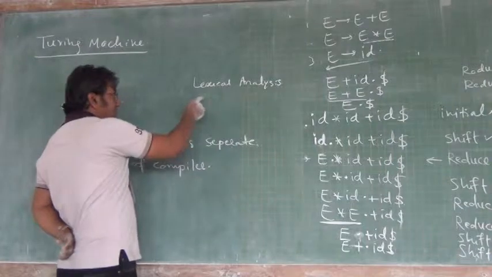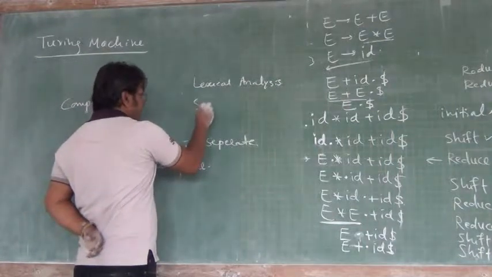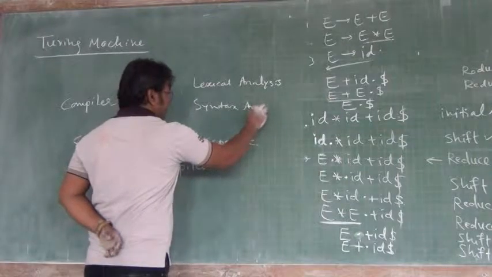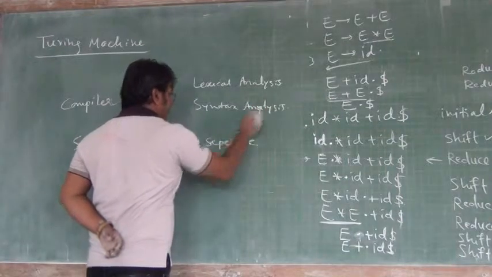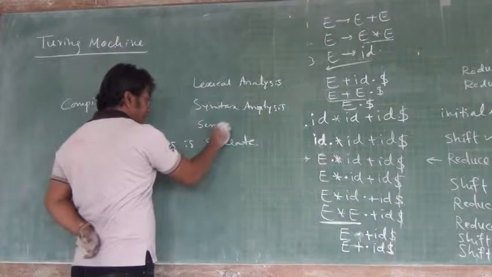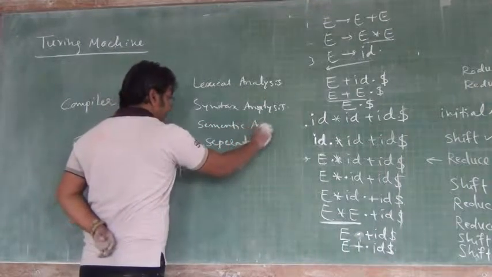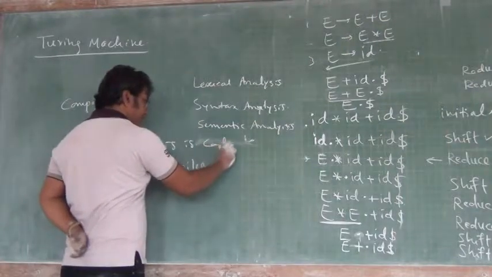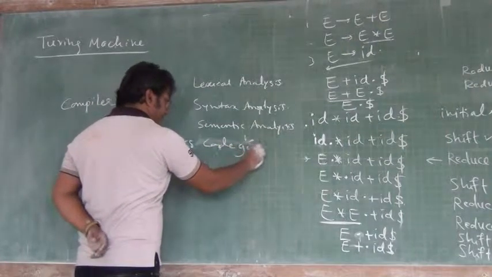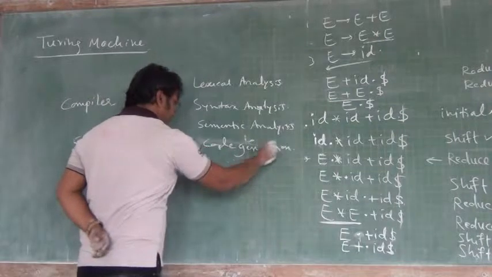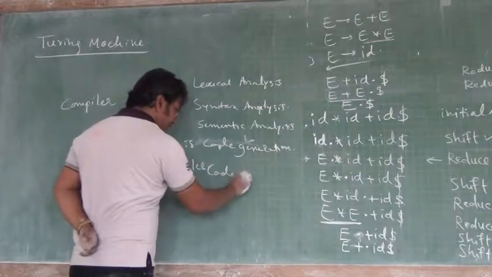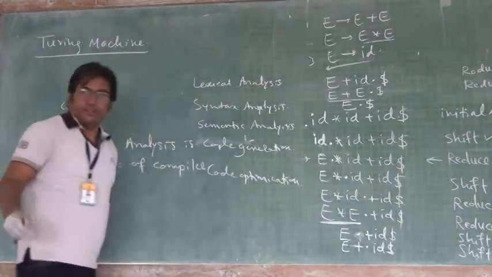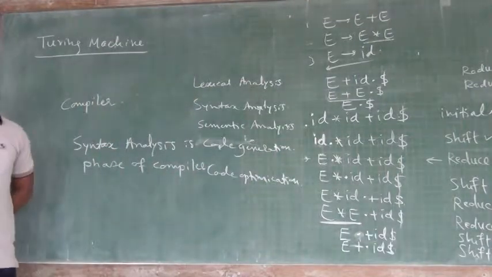The phases of a compiler are lexical analysis, syntax analysis, semantic analysis, code generation, code optimization. In next year you will study compiler construction.